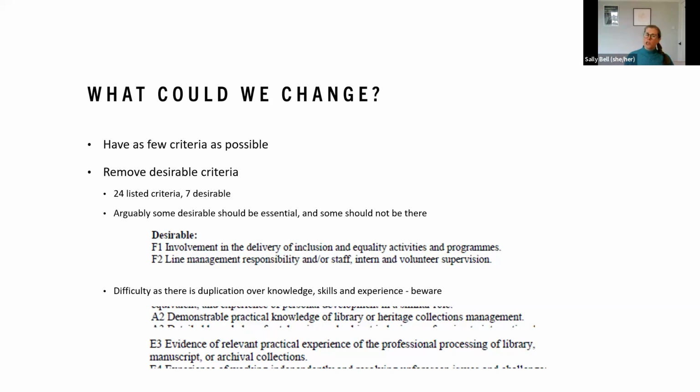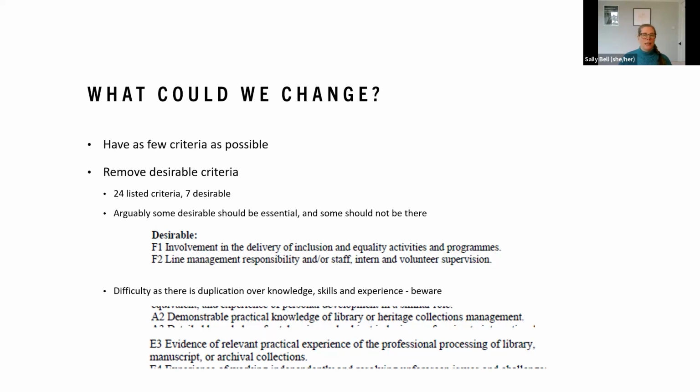That is hugely daunting. Now, it was quite a senior post that we were advertising. It was a specific ask. However, some of the desirable criteria could have been essential, and some of them really just shouldn't have been there.